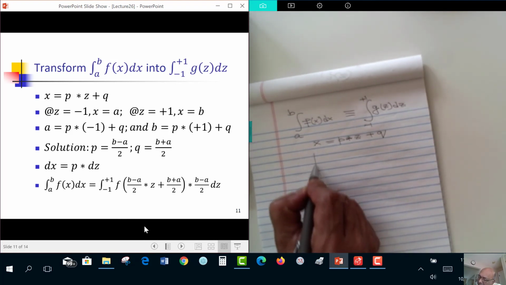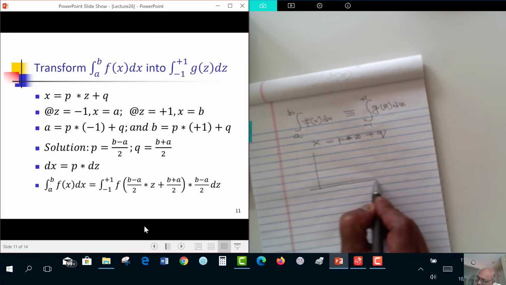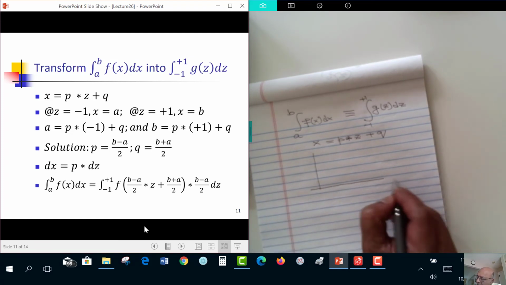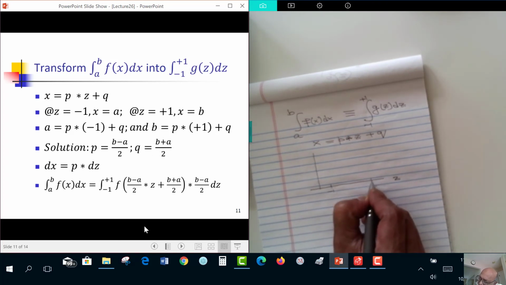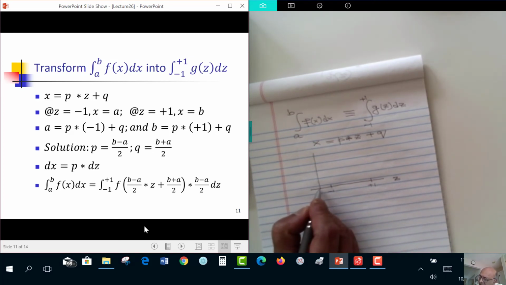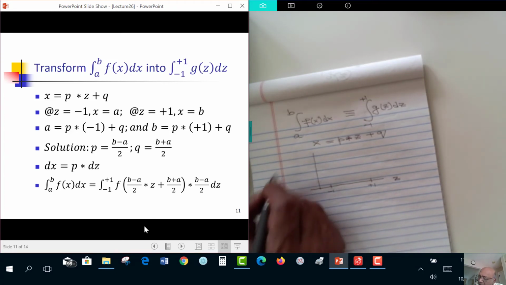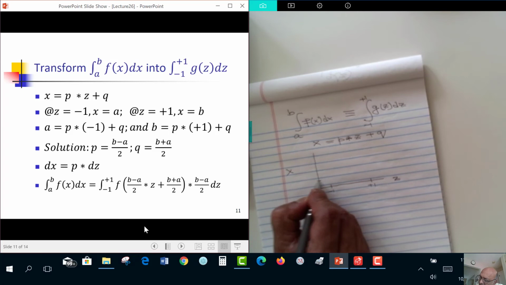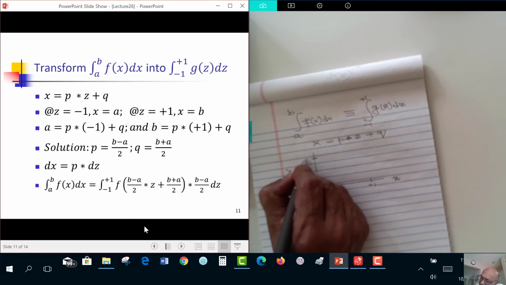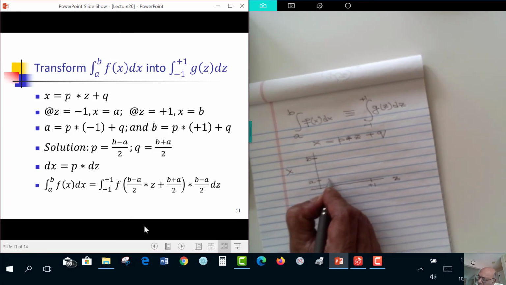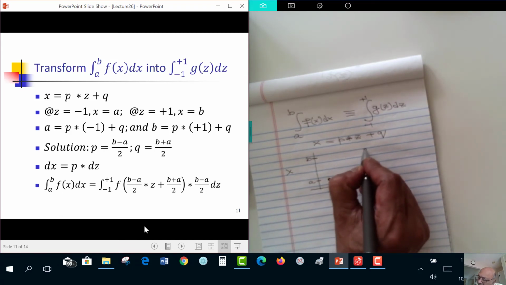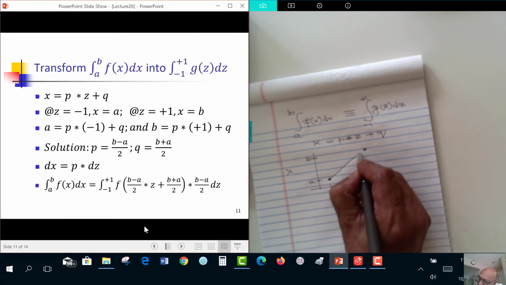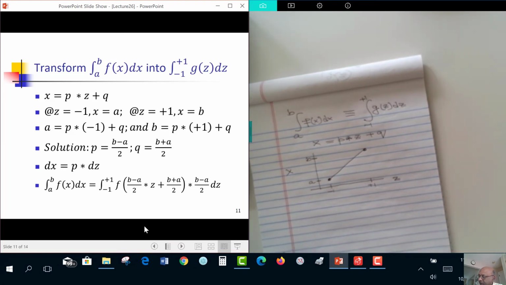So let's see what we mean by it. So here is our z from -1 to +1. Don't worry about this vertical line. Okay, this does need to be 0. Here is x, which goes from a to b. So we want a linear transformation.